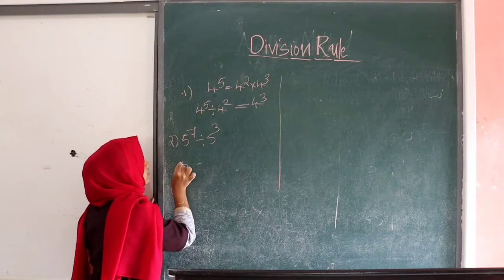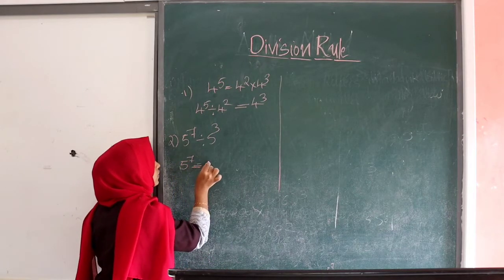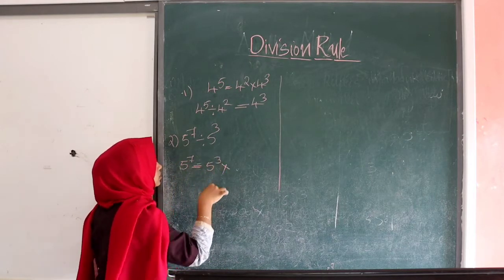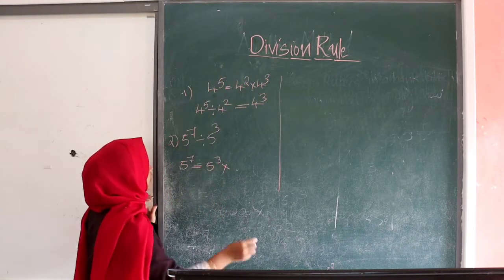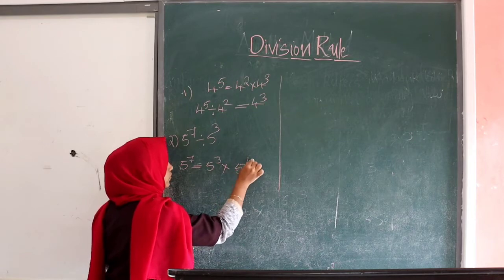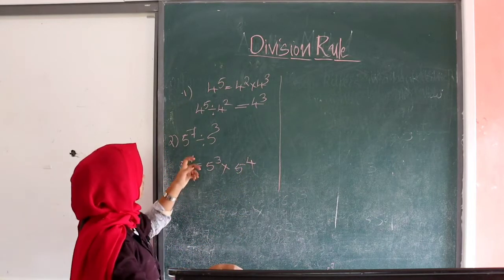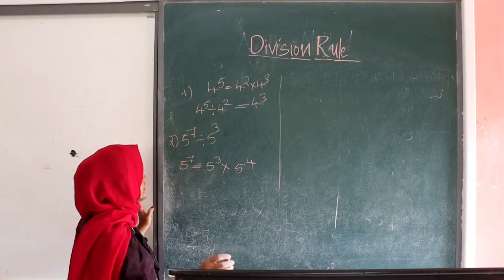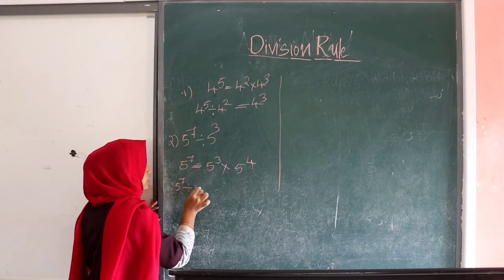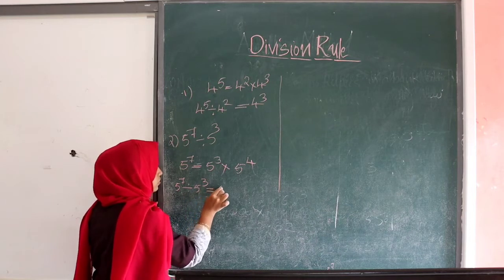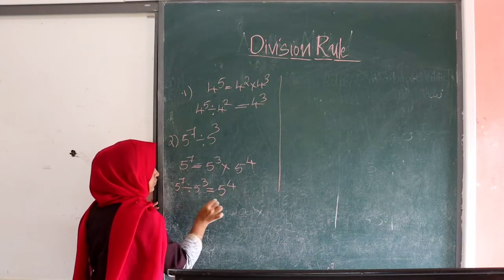Then 5 raised to 7 is equal to 5 raised to 3 into what? Since 3 plus 4 is 7, it is 5 raised to 3 into 5 raised to 4. So 5 raised to 7 divided by 5 raised to 3 gives 5 raised to 4.